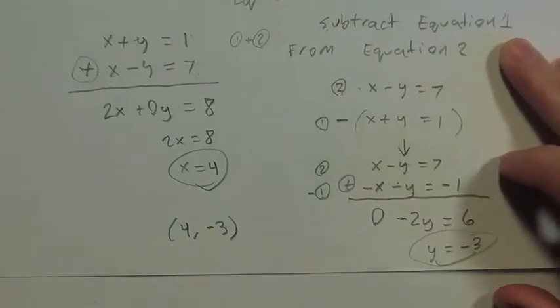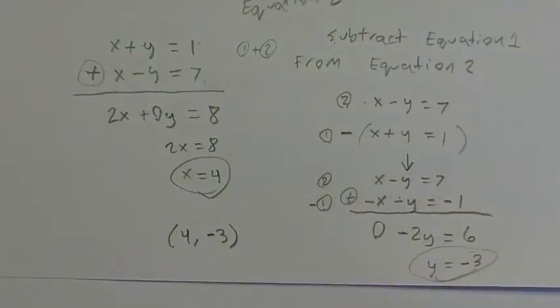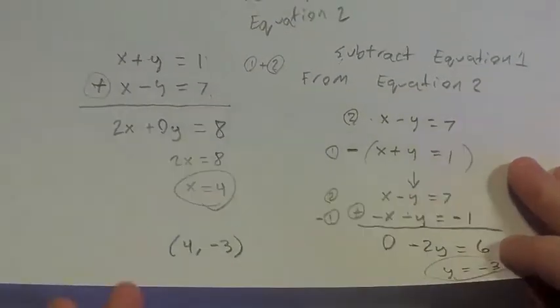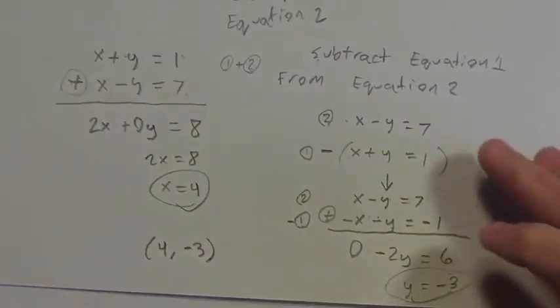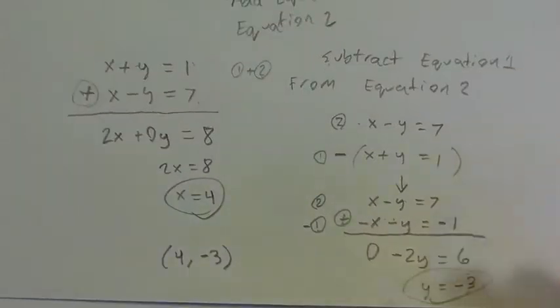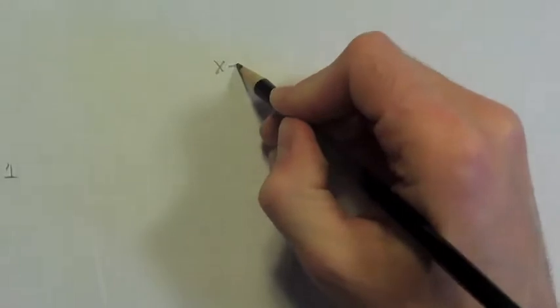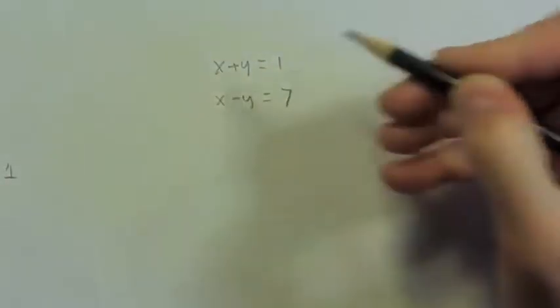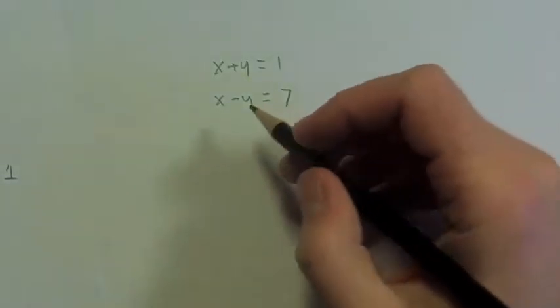Now, this is, I know, a little abstract, but let me show you what happens if we compare this to the substitution method. Okay, so with the substitution method, I get this.